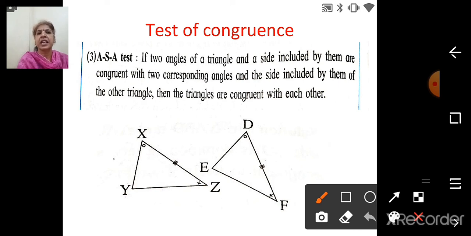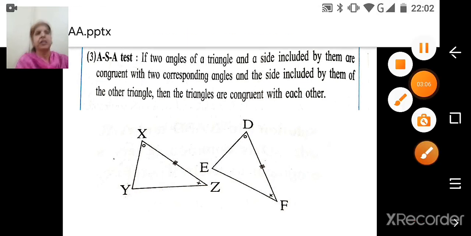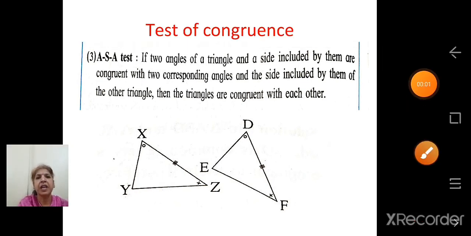So we can say here triangle XYZ is congruent to triangle DEF by ASA test. So children, we have done 3 tests today. Which are they? SAS, side angle side, SSS, side side side, and ASA, angle side angle.